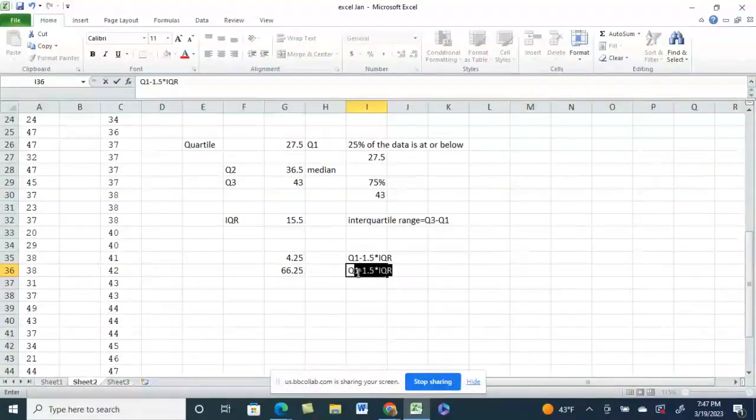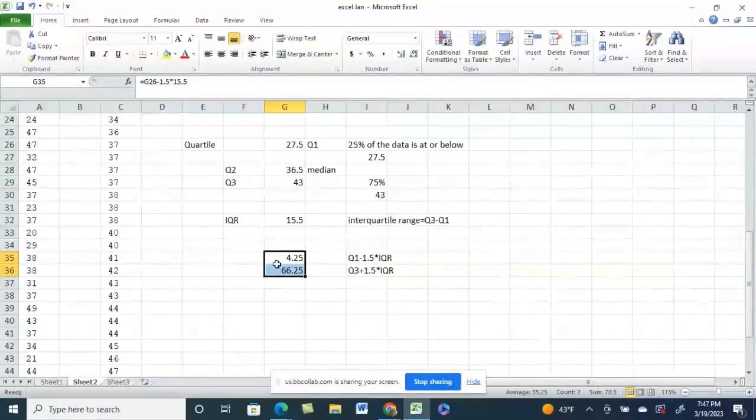So that would be Q3 plus 1.5 times the IQR. All right, so any data that is outside those two numbers would be considered outliers.